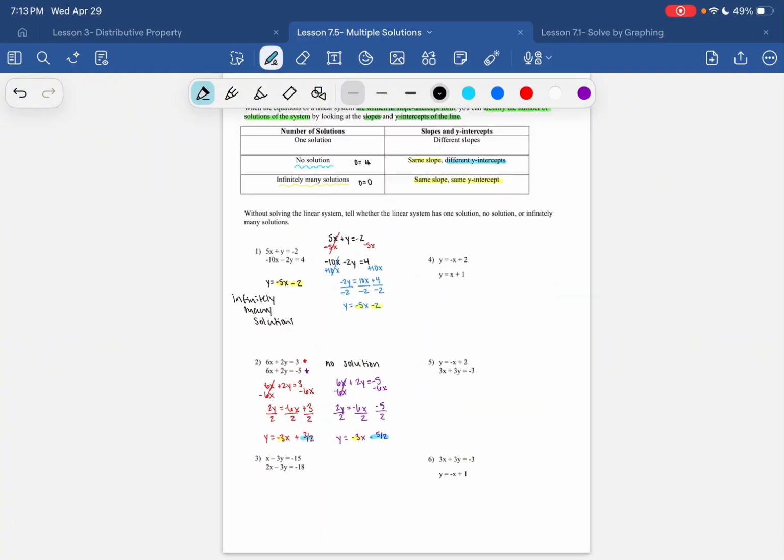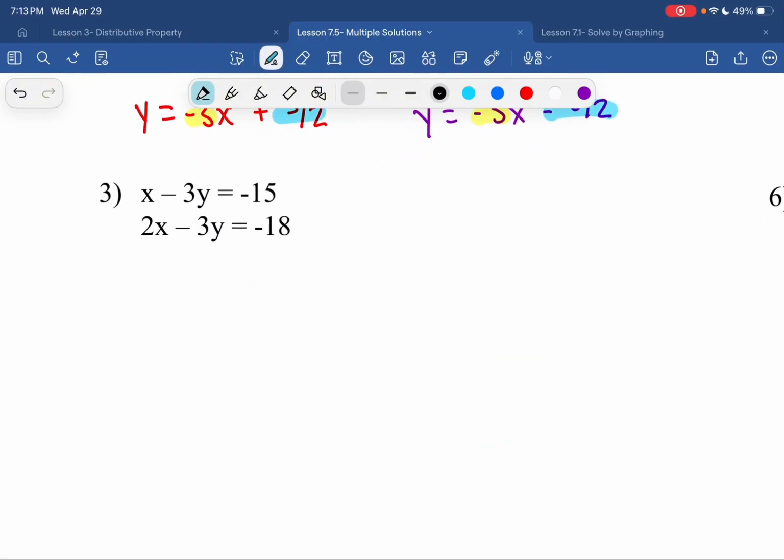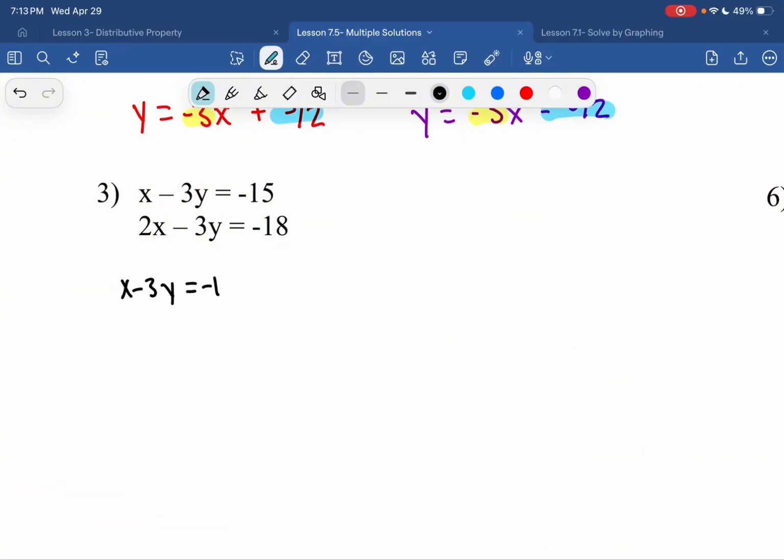All right, down here, I'm going to do the same thing. I'm going to put both of those equations into slope-intercept form. So first equation, I'm going to rewrite x minus 3y equals -15. I need to subtract x from both sides.